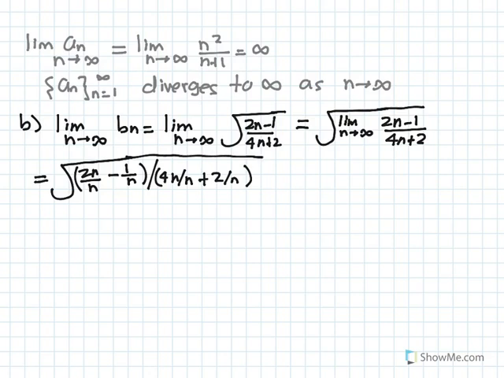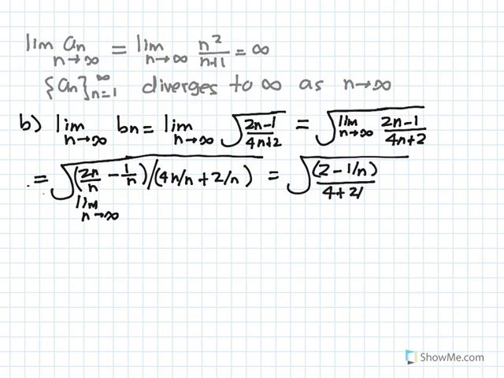And now we get root of, and we're taking, of course, the limit as n goes to infinity. The limit is inside this square root. So we get root of 2 minus 1 over n, that's the numerator, divided by 4 plus 2 over n, and we take the limit as n goes to infinity.